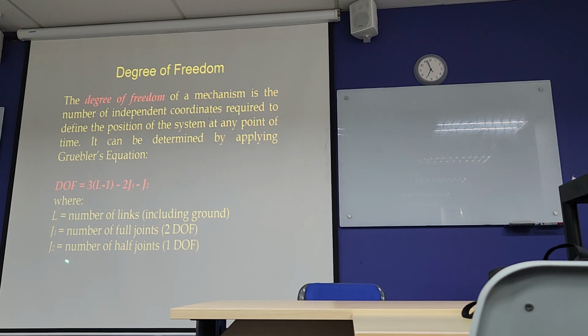J2 refers to the number of higher joints, or half joints, which give both rotation and linear motion. So for a mechanism, this is the formula we use to find the degree of freedom: 3 times (L minus 1) minus 2 times J1, the number of full joints, minus J2, the number of half joints.